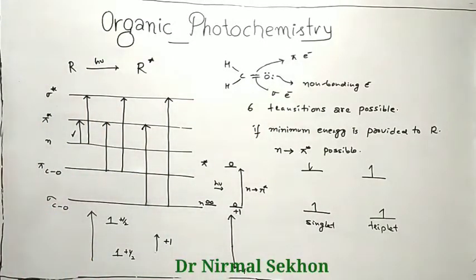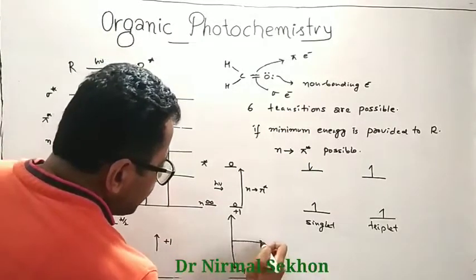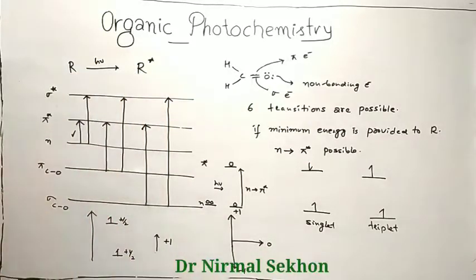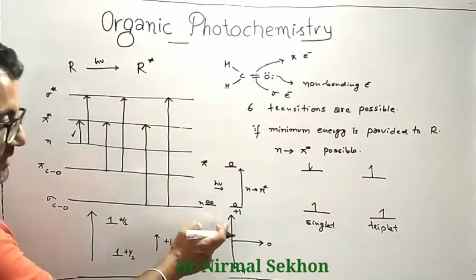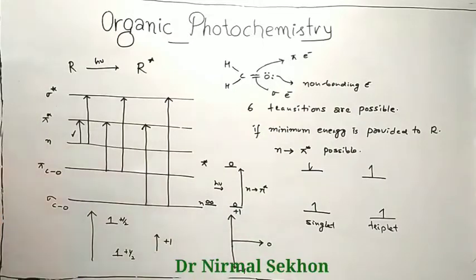Or the third possibility is that it may be perpendicular to the direction of the applied field, which is 0. So when you apply a magnetic field, the spin may behave in 3 ways: in the same direction, in the opposite direction, or perpendicular. That's why it is called a triplet, because it behaves in 3 ways.